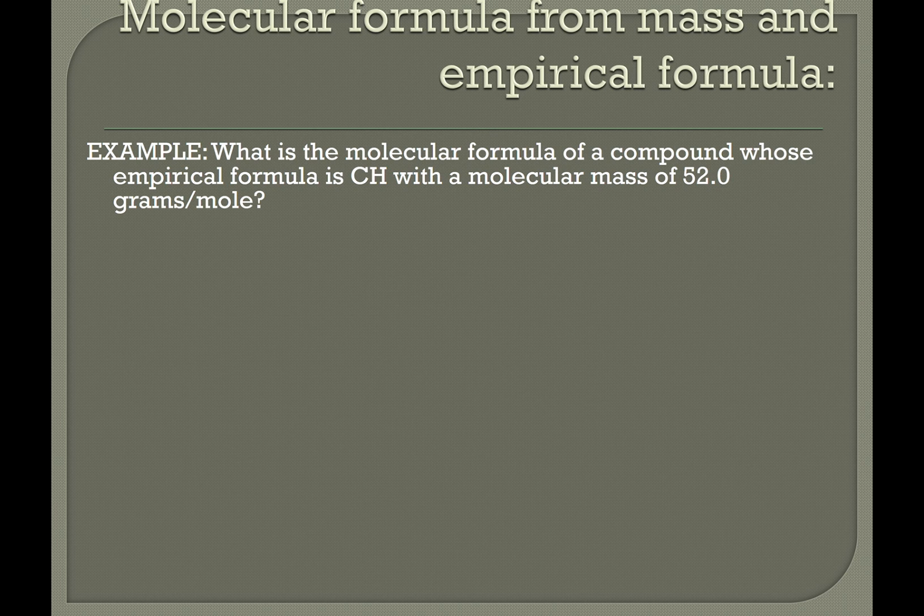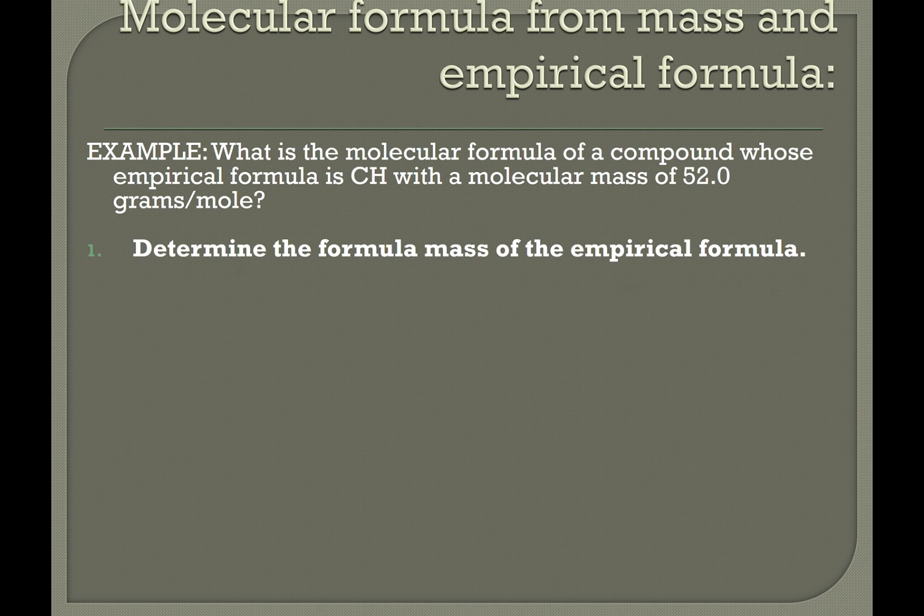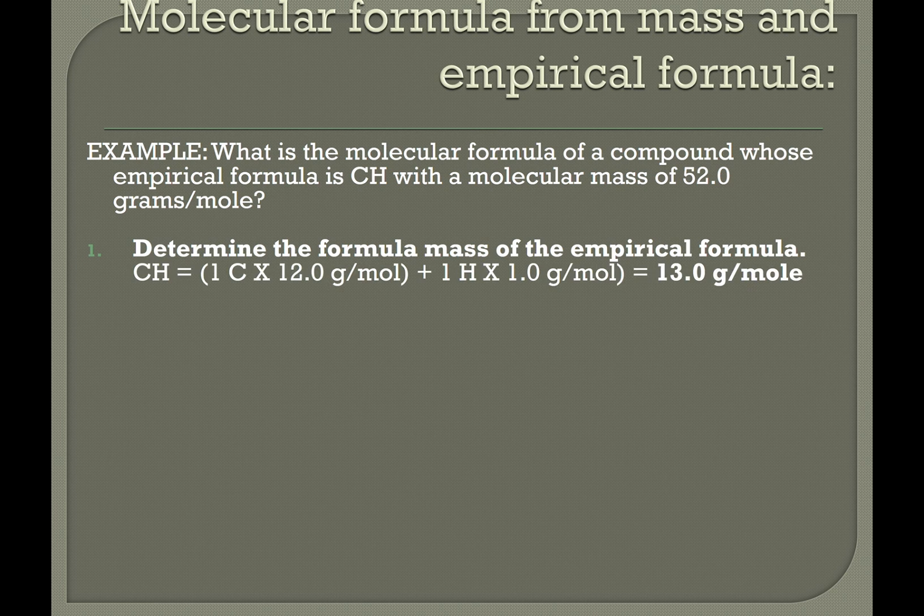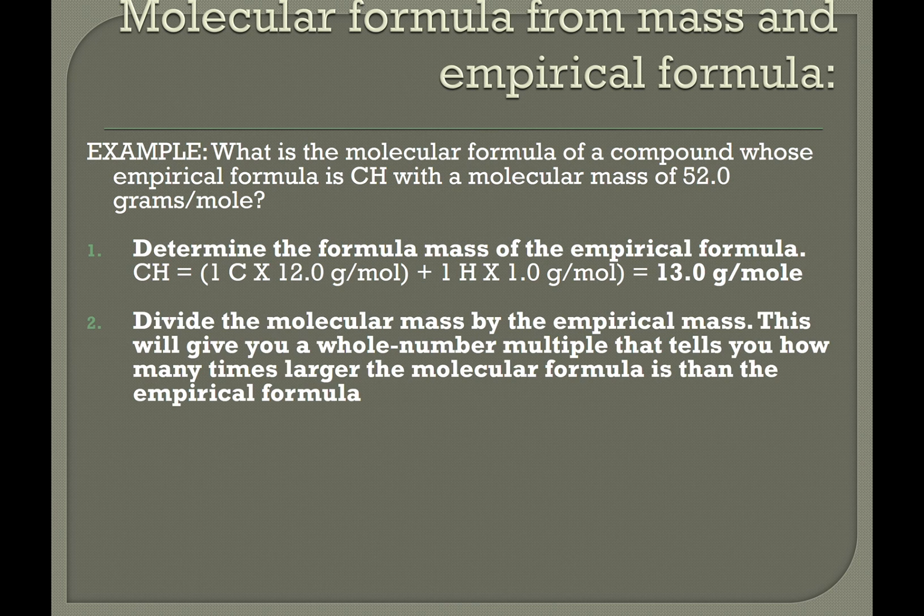Another example here. What is the molecular formula of a compound whose empirical formula is CH with a molecular mass of 52? We start with the formula mass of the empirical formula, CH, which would be 1 carbon, 1 hydrogen, for a total of 13 grams per mole. That's our formula mass. We'll divide the molecular mass of 52 by the mass of the empirical formula to get our whole number multiplier.